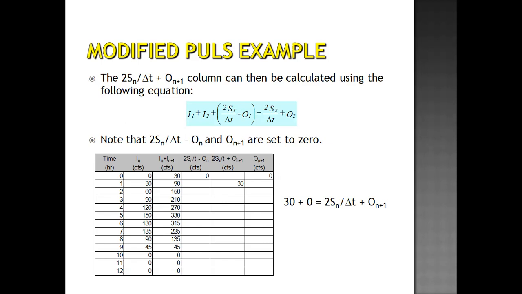Note that 2S_n/Δt − O_n and O_n+1 are set to 0 initially. Here, at time 0 hours, I_n + I_n+1 is 30, so 30 plus 0 is equal to 2S_n+1/Δt + O_n+1.